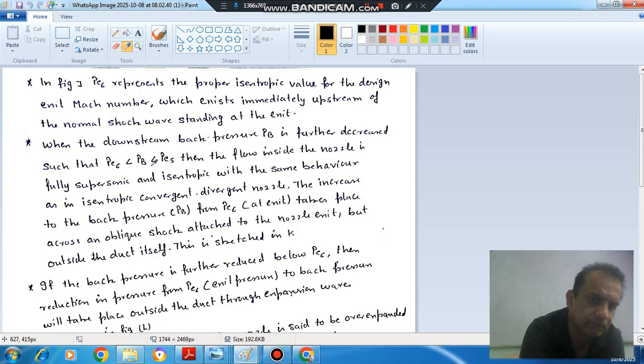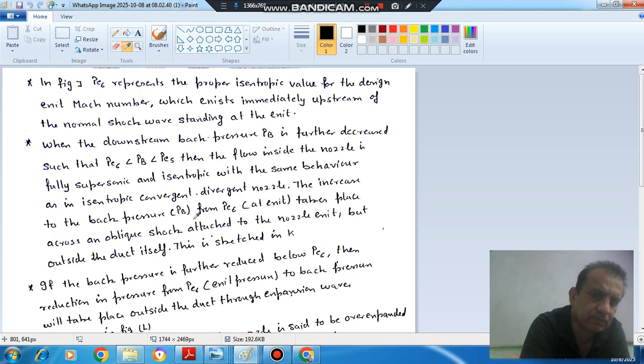So when the pressure is further reduced, but it is not reduced to P6, then what will happen? Then the flow inside the nozzle is fully supersonic and isentropic with the same behavior as in an isentropic convergent divergent nozzle.